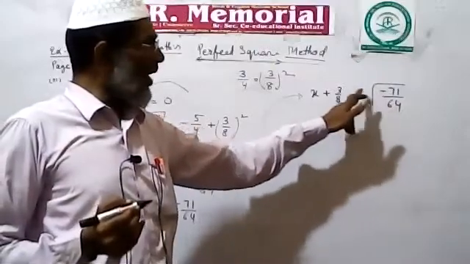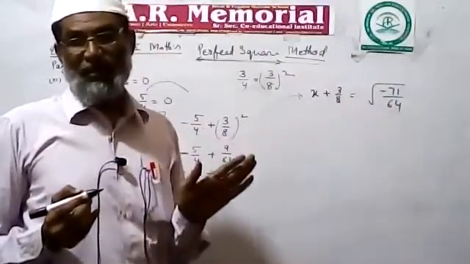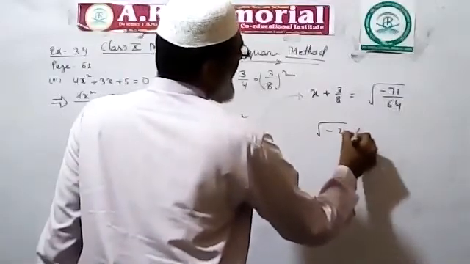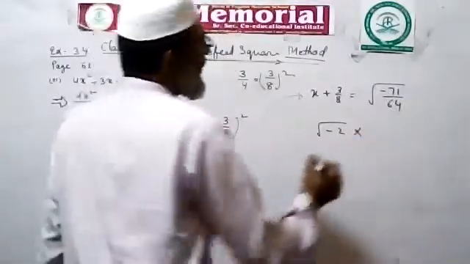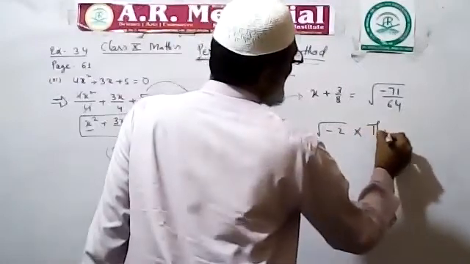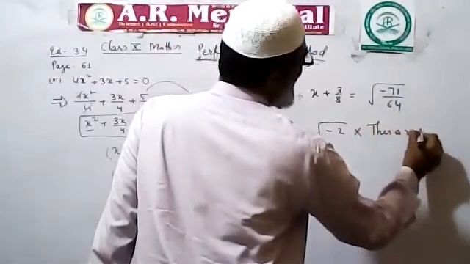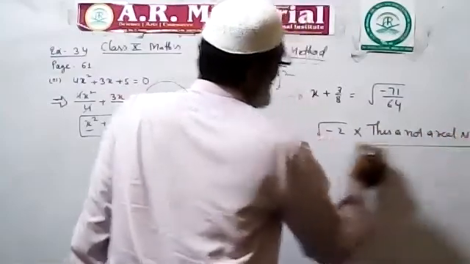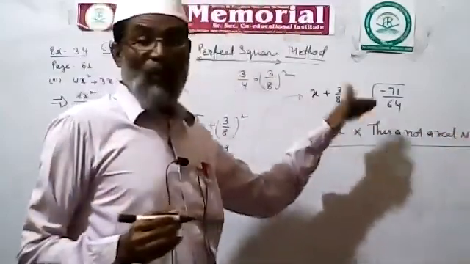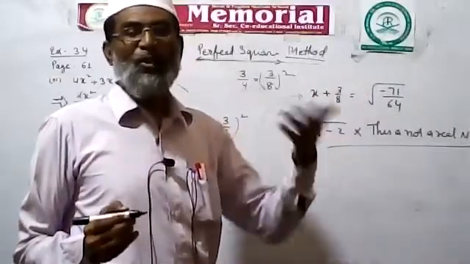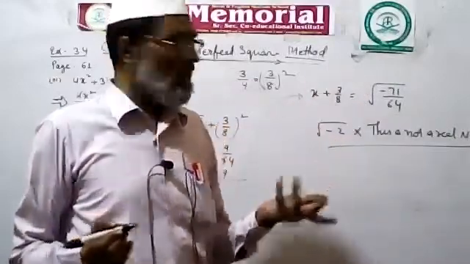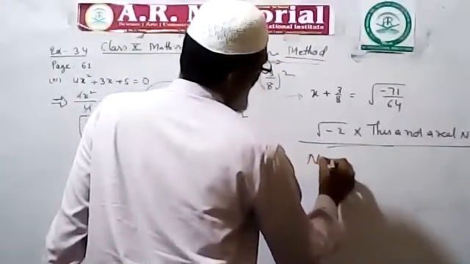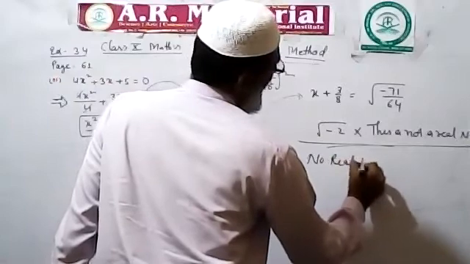A negative outside is acceptable, but the square root of a negative number is not a real number. So here a negative number is under the root, so there is no necessity to do further steps. You can write in the answer: no real root.